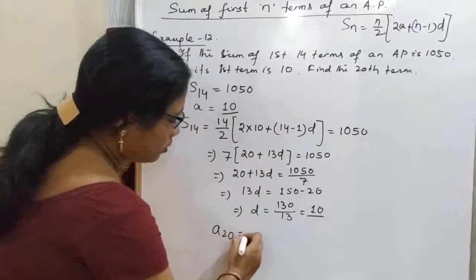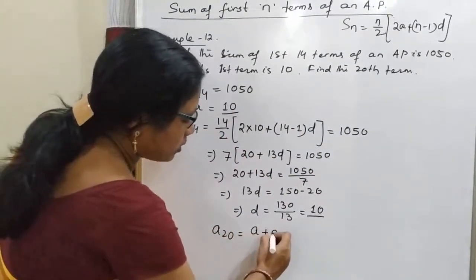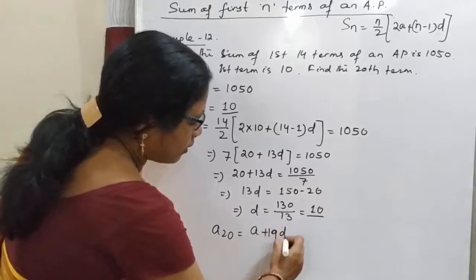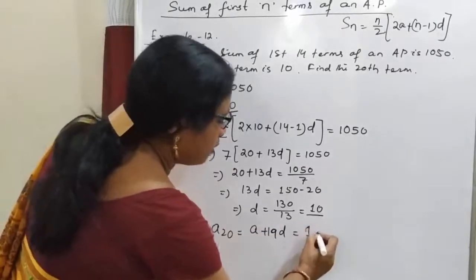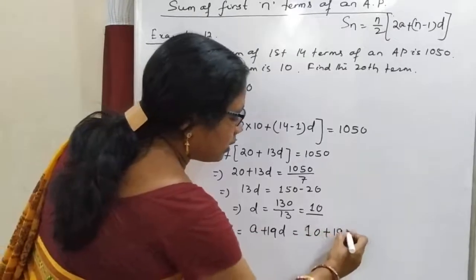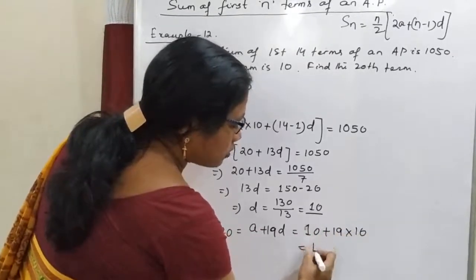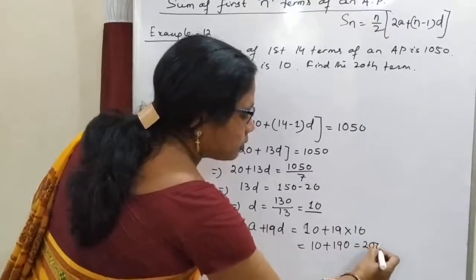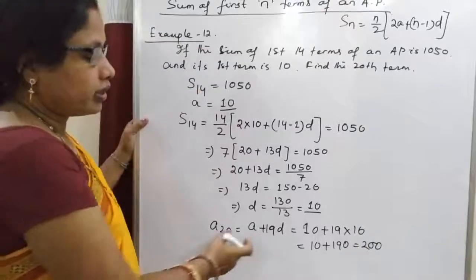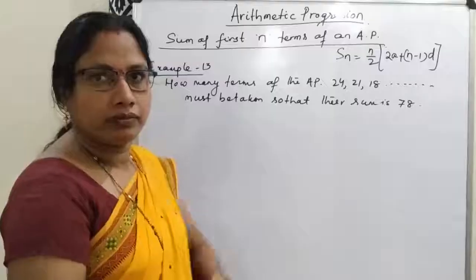So a20 is equal to a plus 19d. So this is equal to 10 plus 19 into 10. So this is equal to 10 plus 190. This is equal to 200. So the 20th term is 200.